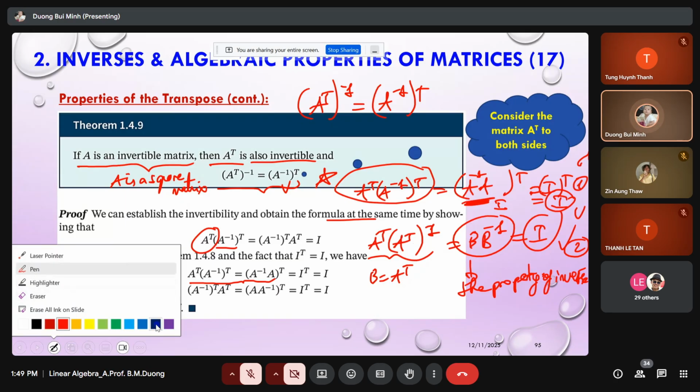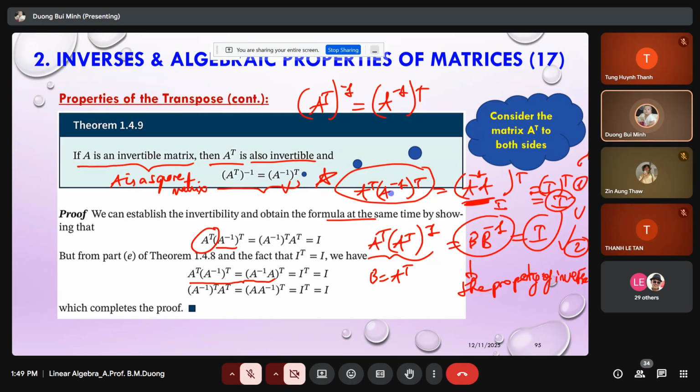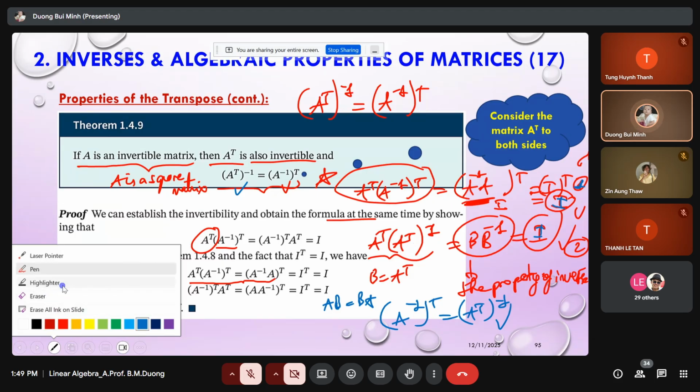In equation one, we have the transpose of A times the inverse equal to I, and here also equal to I. That means this one equals this one, that means A times B equals B times A. So we get that the transpose of the inverse of A is the inverse of the transpose of A. Here I demonstrated this property to you, or you can just remember the formula. That's okay.